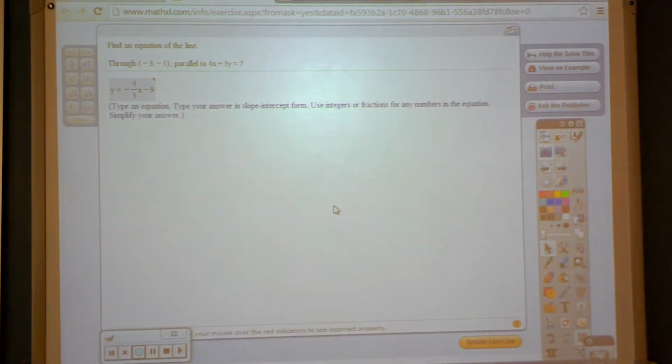All right, try that one, and I will do both parallel and perpendicular. This is through (-3, -5), parallel to 4x plus 3y is equal to 7.